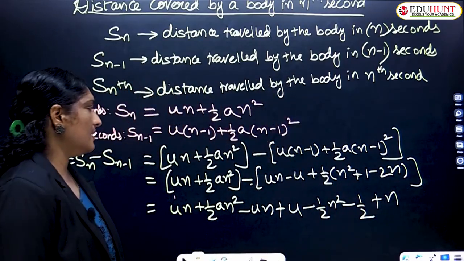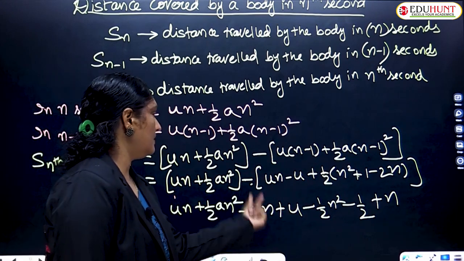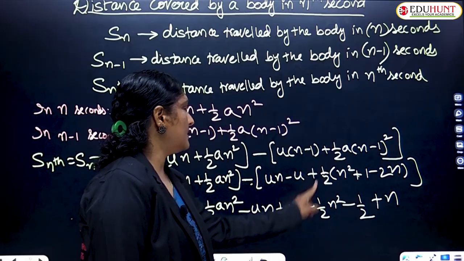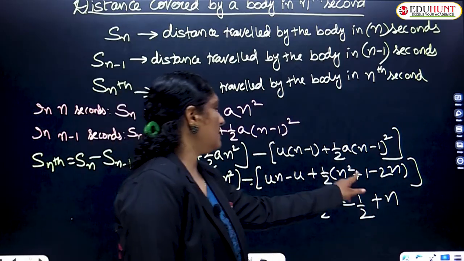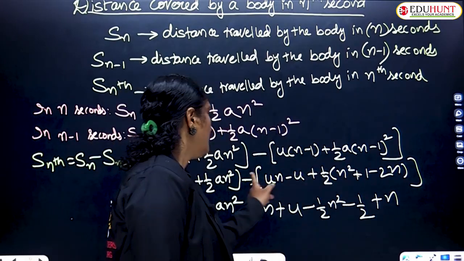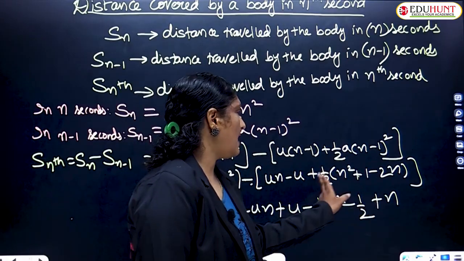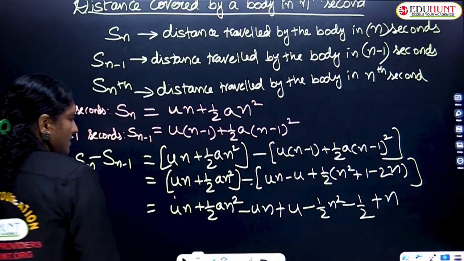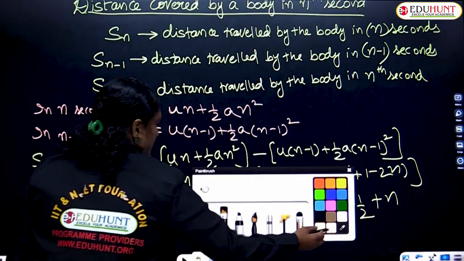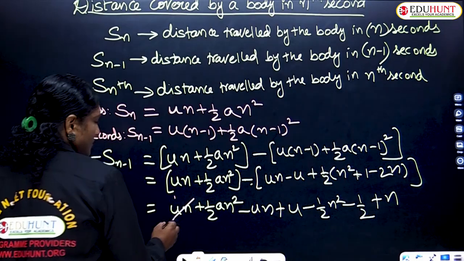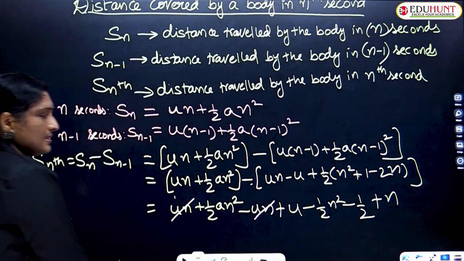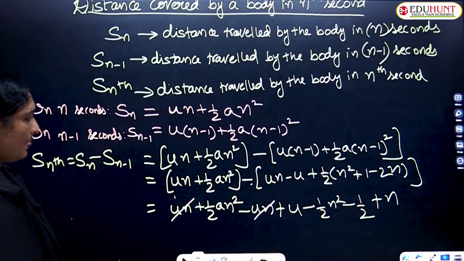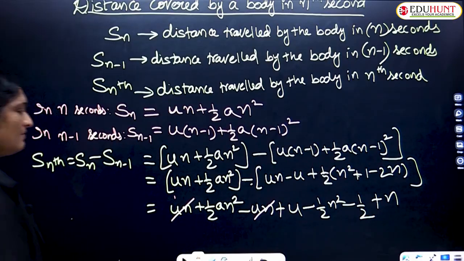Is that clear, children? So this is minus un plus u, minus half n square, minus half, plus half into 2n is n. Okay, children? So after further simplification, plus un and minus un gets cancelled. So based on that, let us try to simplify.